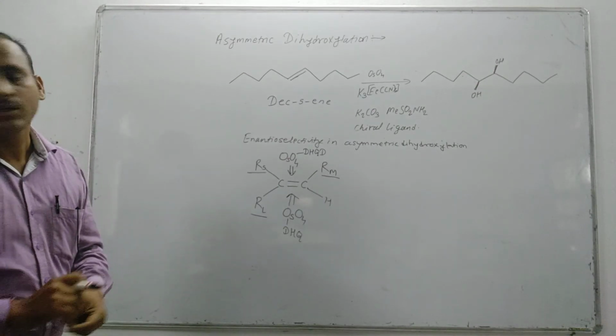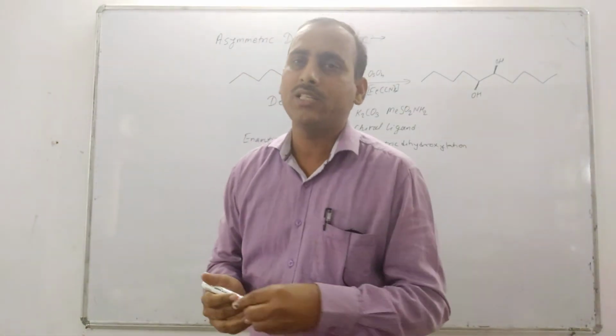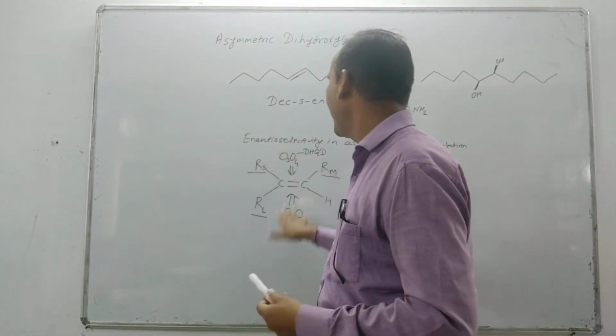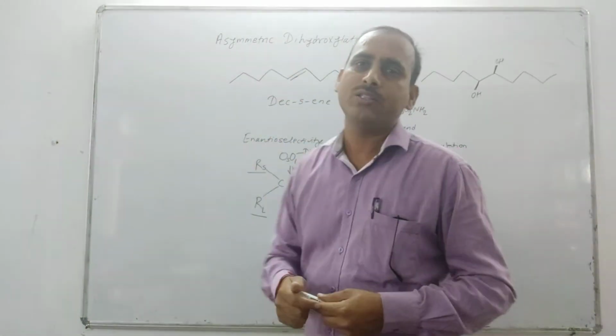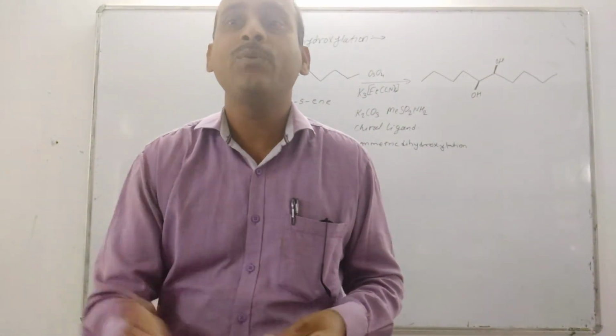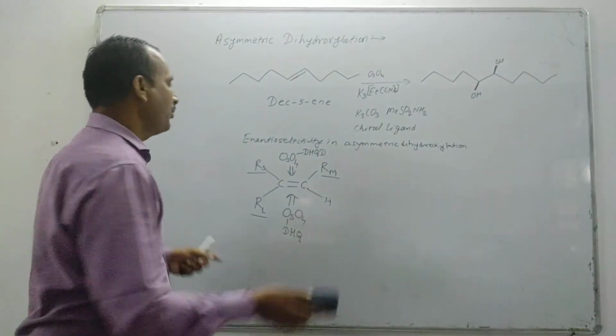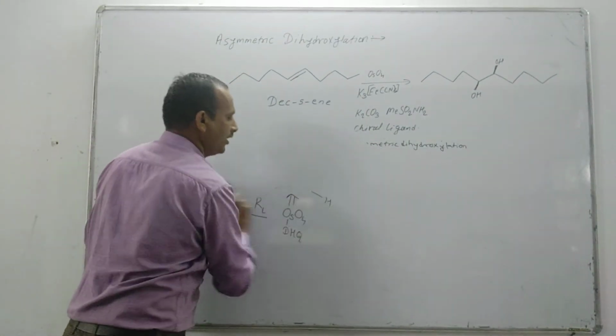So the product obtained is different when there is DHQD and DHQ attached to the osmium tetroxide. Now this effect is very well observed for the trans-stilbene. Let's see the example of trans-stilbene.